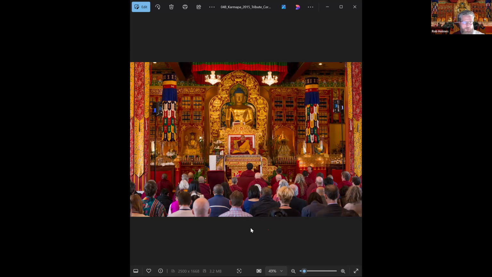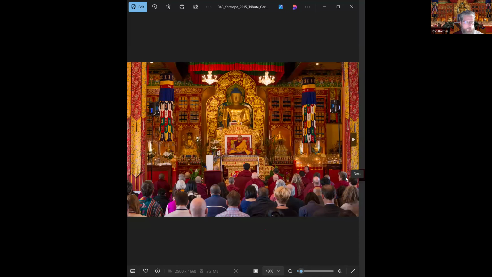The work that he's done is very important for maintaining the lineage. So that's Kempo Carter, and then I think you can see my cursor. That's Pono Rinpoche. That's Lama Yeshe, translator. That's Lama Kathy. That's me without a beard.